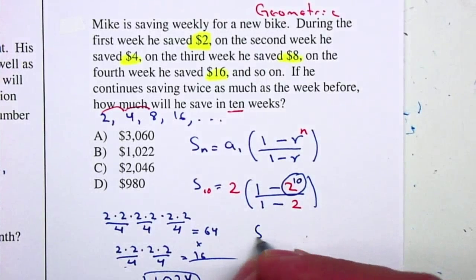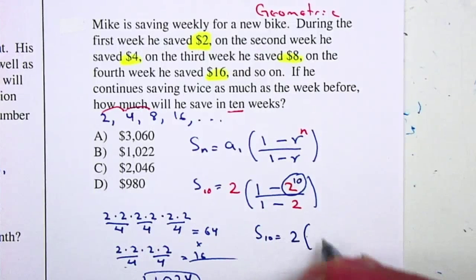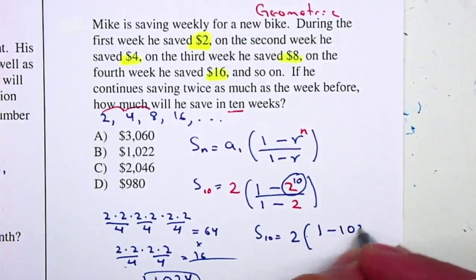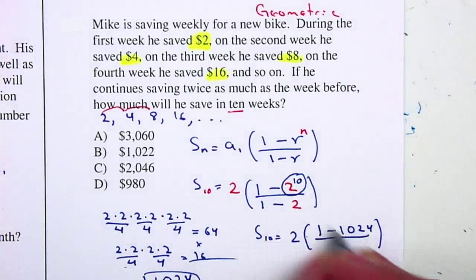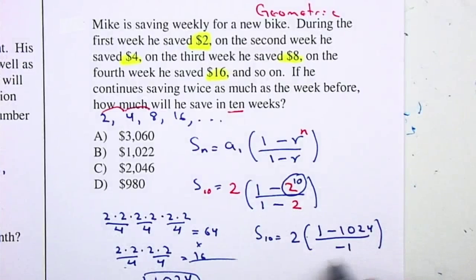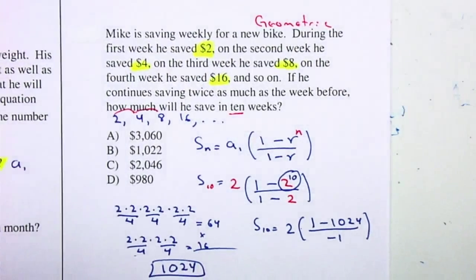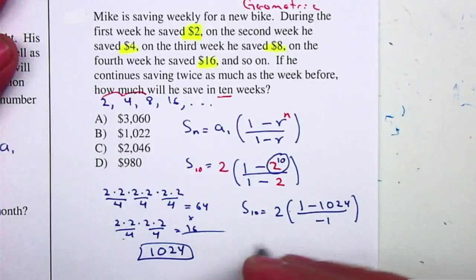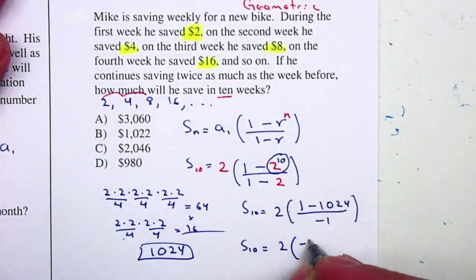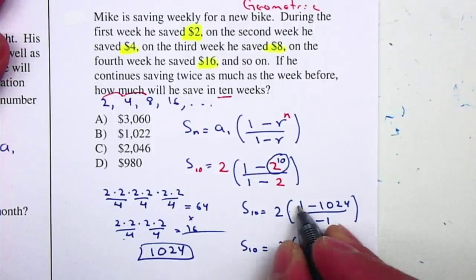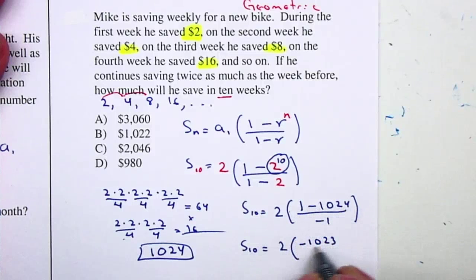So the sum of the first 10 numbers will be 2 times 1 minus 1024 divided by 1 minus 2, which is negative 1. 1 minus 1024 is negative 1023, divided by negative 1.